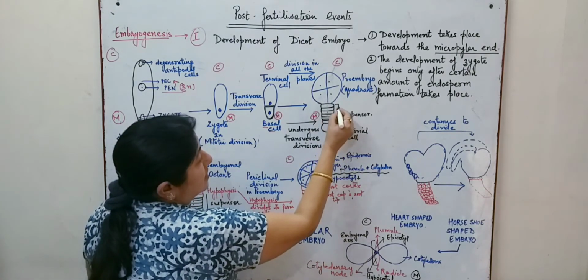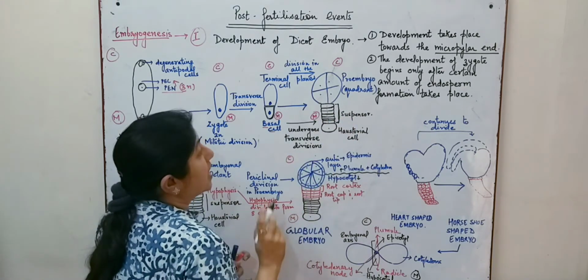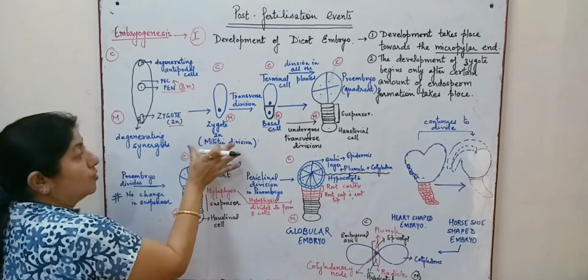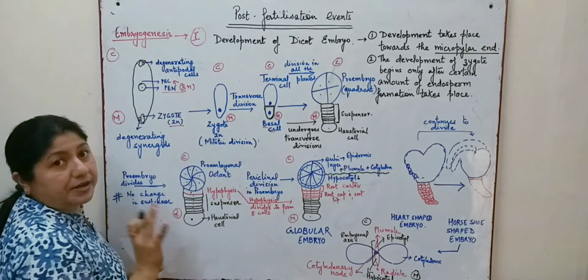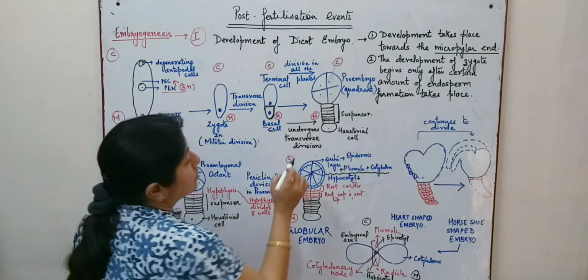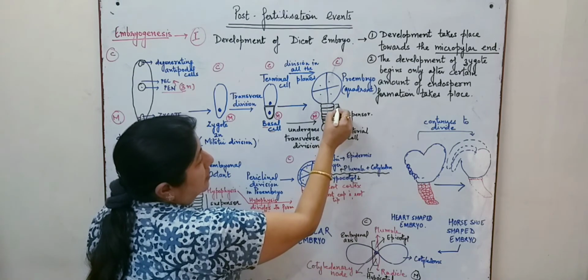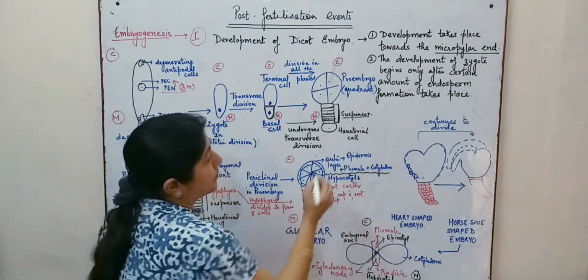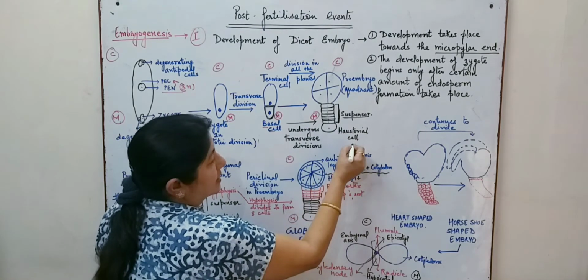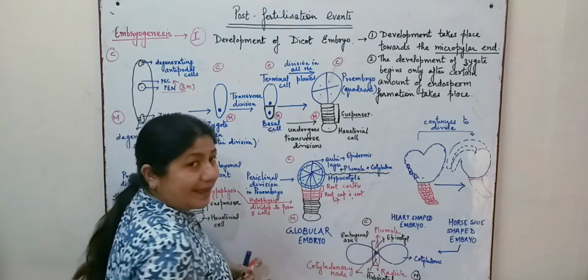Also remember, all the divisions which are taking place in the zygote are mitotic divisions. So it will undergo transverse mitotic division to form a sequence of cells which is known as the suspensor, and a larger cell that is known as the posterior cell. This is towards the micropylar end.